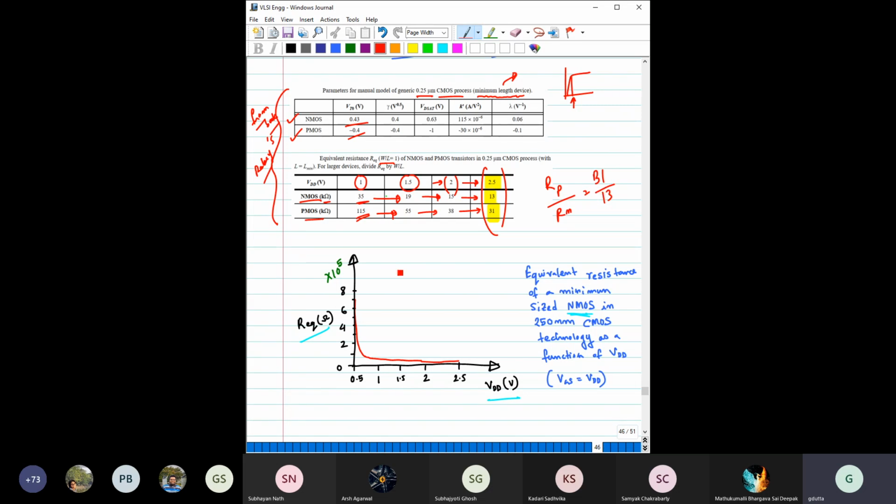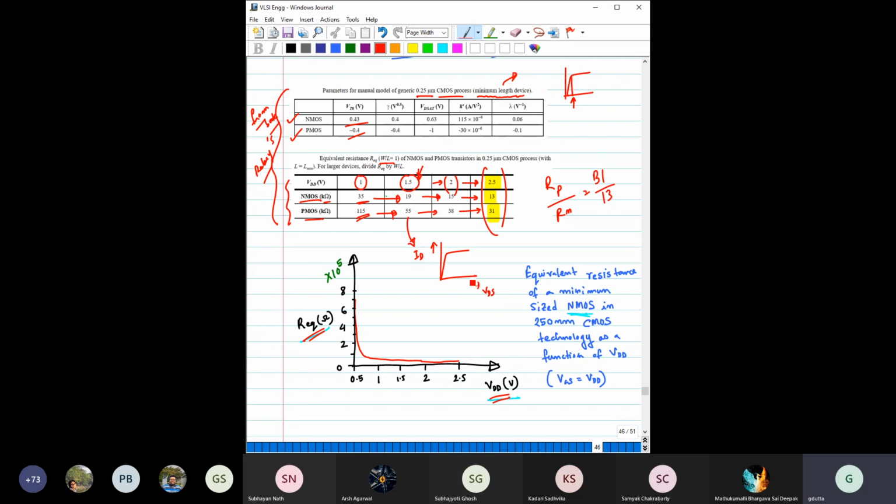Okay, and please do remember one thing while we are calculating how this R equivalent is dependent on VDD, for example on this table. When you are plotting, suppose we are considering VDD equal to say 1.5, then at that time we will be taking ID and VDS.